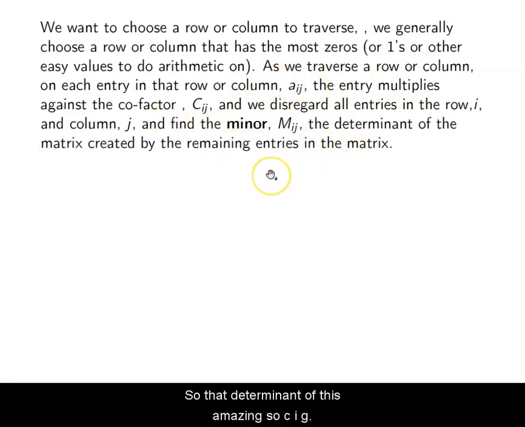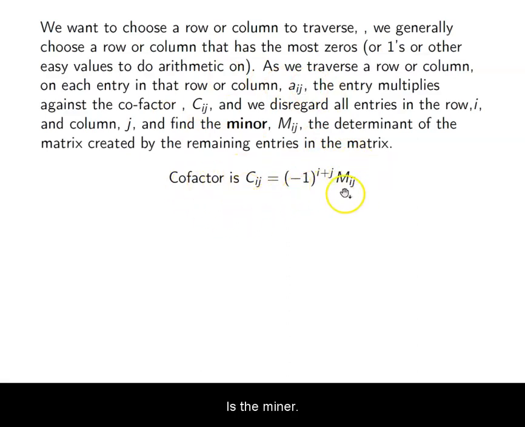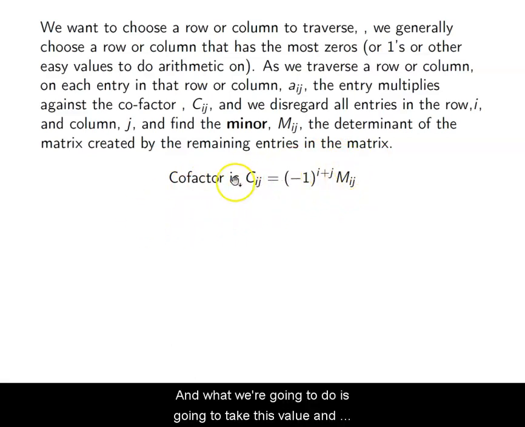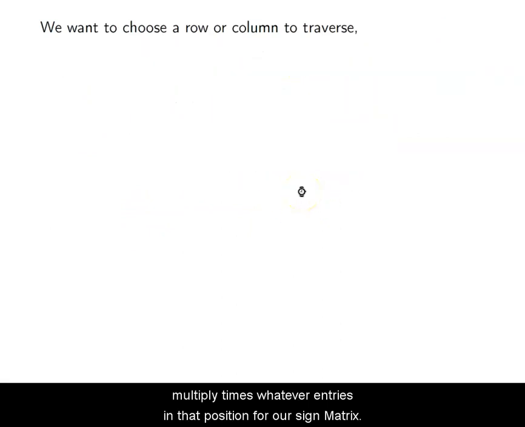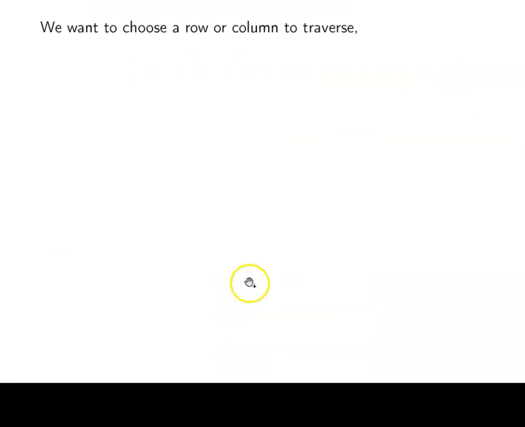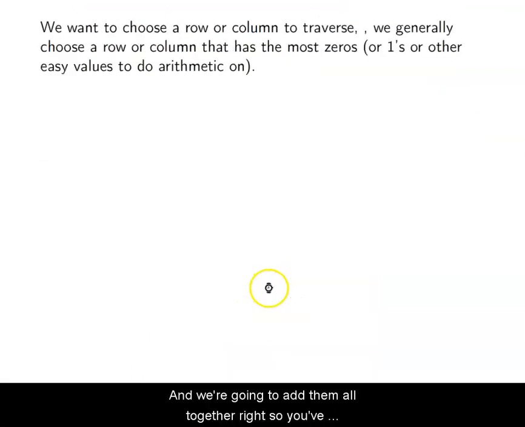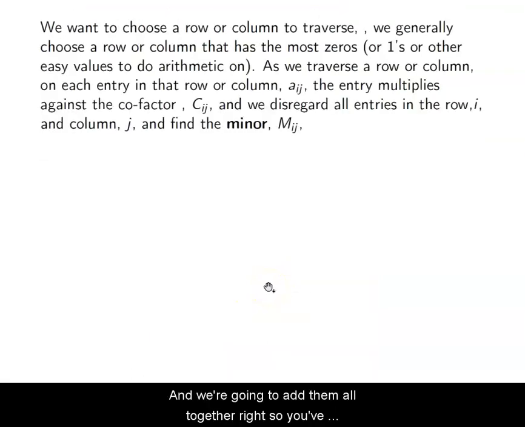So that's the determinant of the submatrix. So Cij is the minor times that sign, and what we're going to do is take this value and multiply it times whatever entry is in that position for our sign matrix. And we're going to add them all together. Right, so you've seen this before.